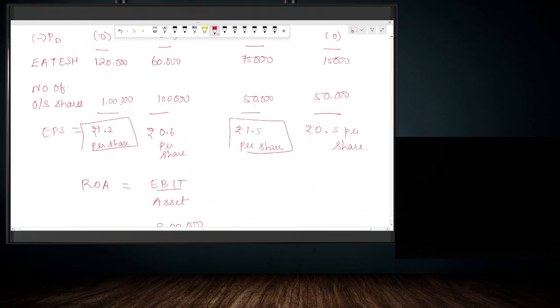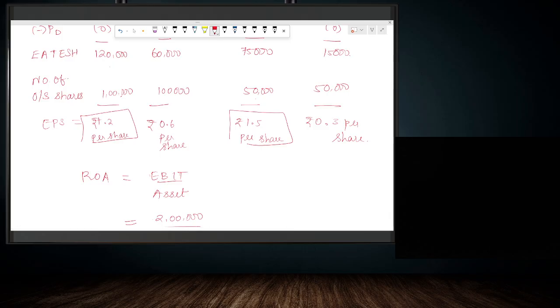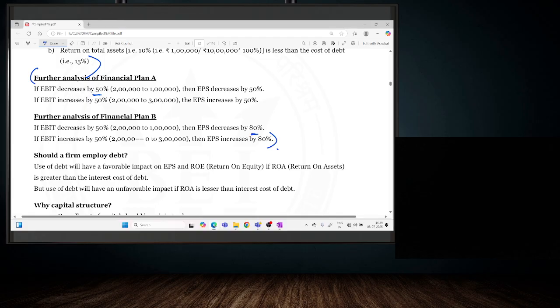You can see it over here. What is the decrease in EPS? From 1.2 to 0.6. It is decreasing. Calculate the percent. Oh, it is 50. Sorry, my bad. Since the numbers are the same. Okay, wait. Listen.